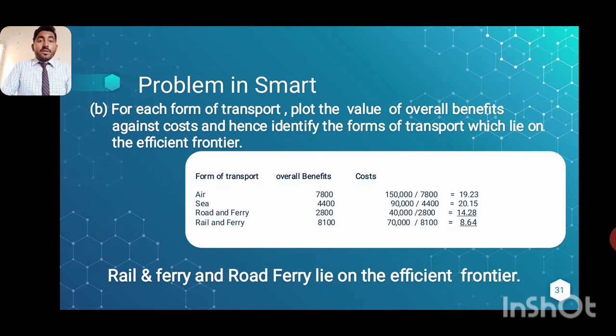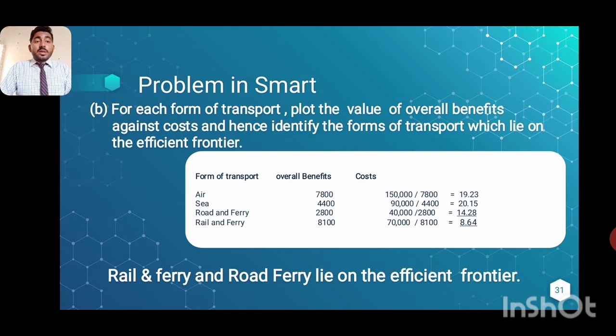Part B: for each form of transport, plot the value of overall benefits against costs and hence identify the forms of transport which lie on the efficient frontier. We divide the costs by the overall benefits: 150,000 divided by 7,800, 90,000 divided by 4,400, 40,000 divided by 2,800, 70,000 divided by 8,100.